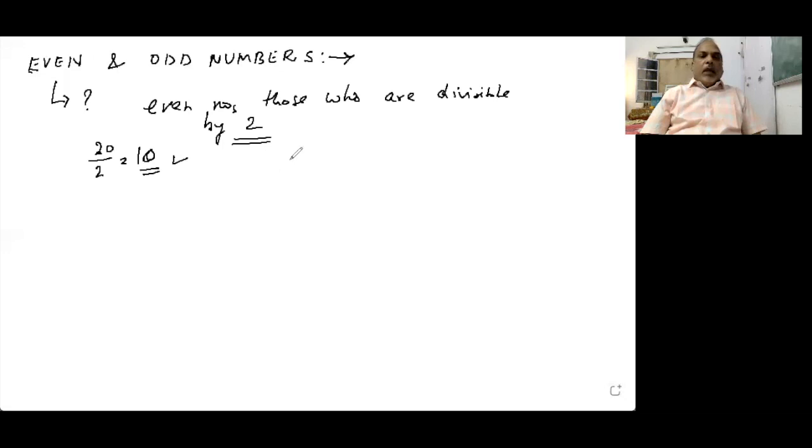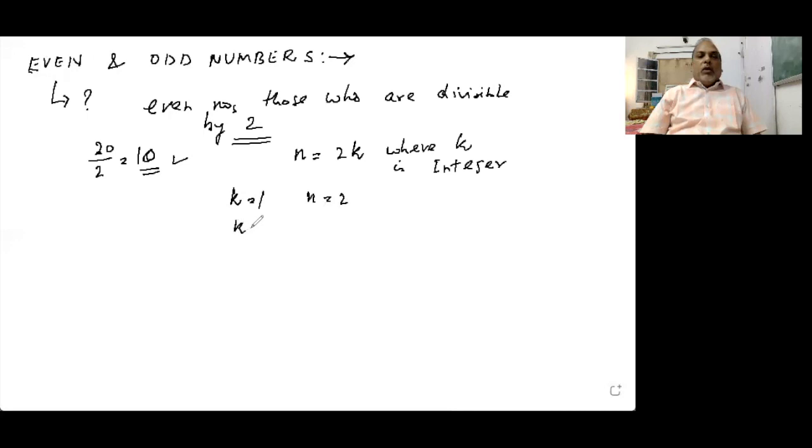Even numbers can be expressed in the form of n = 2k, where k is an integer. Like k is equal to 1, then n is 2.